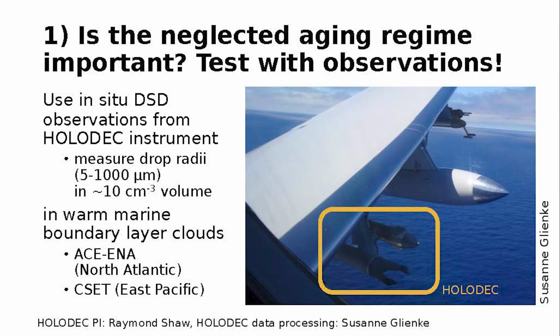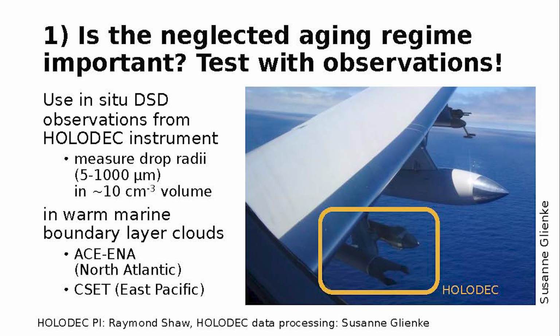First, in order to answer this question of whether this neglected aging regime is important, we want to test this with observations. We use in situ drop size distribution observations from the HOLODEC instrument, which, like the PDI that Patrick showed yesterday, is able to coherently measure with one instrument a full range of drop sizes spanning this transition size range.